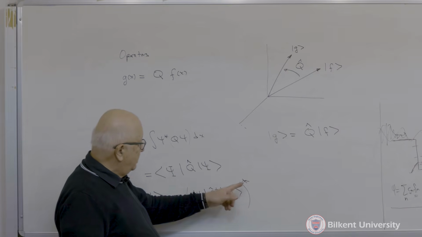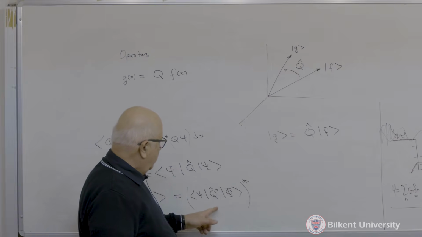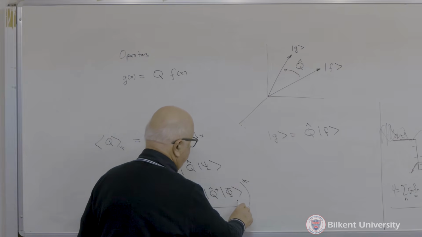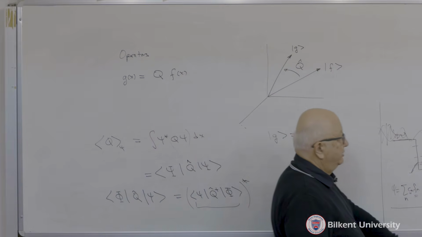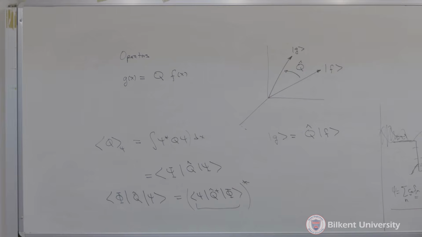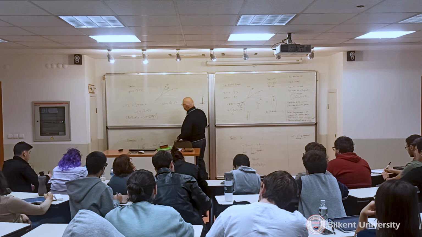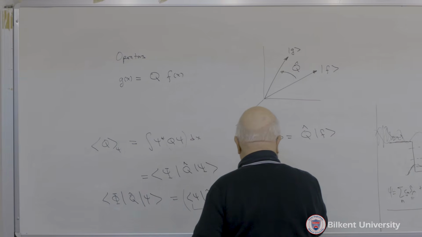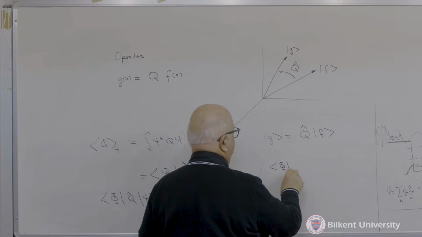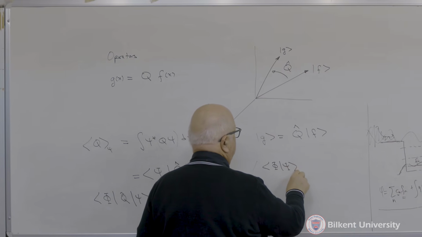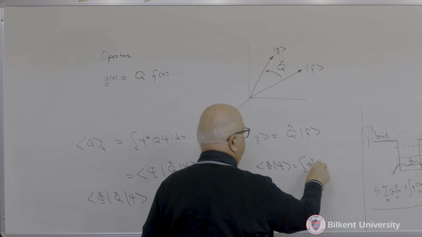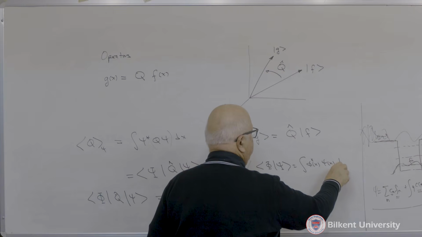Now I have this complex conjugate here. In general, obviously you get a number out of this. The inner product itself is just a number when you do this integral. But you can easily see that, let me open a parenthesis here. Remember that the inner product of phi with psi is the integral of phi of x star psi of x dx.